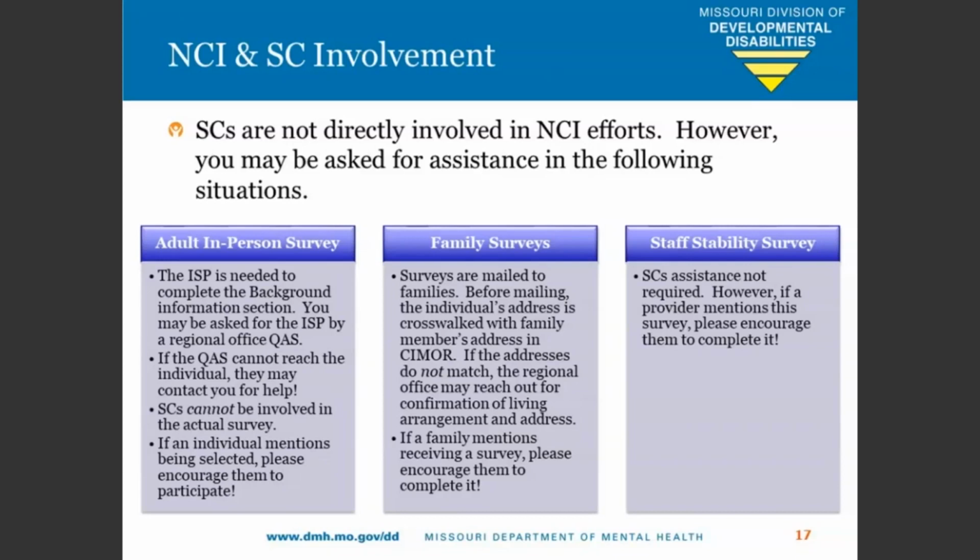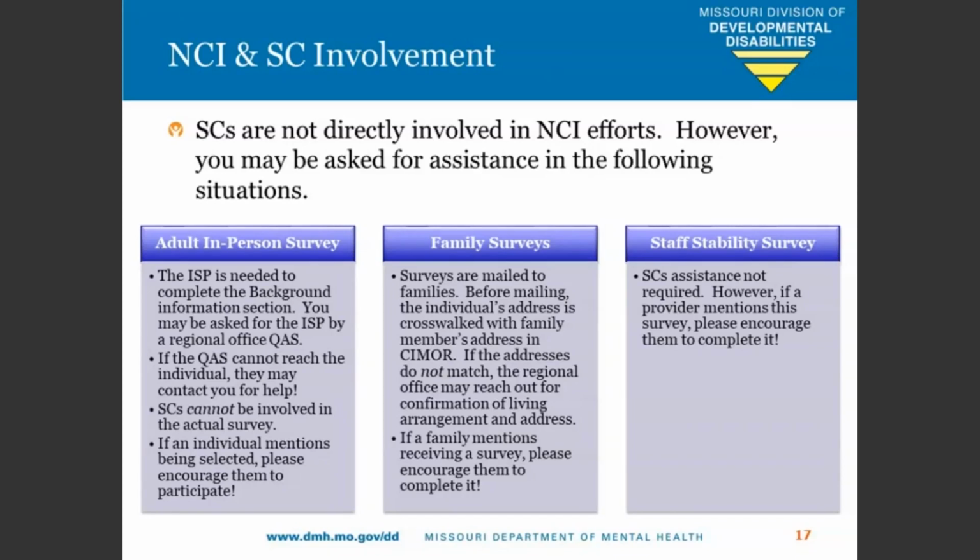So if for some reason the QAS cannot get a hold of the individual, they might reach out to you to say, hey, I am trying to get a hold of so-and-so.